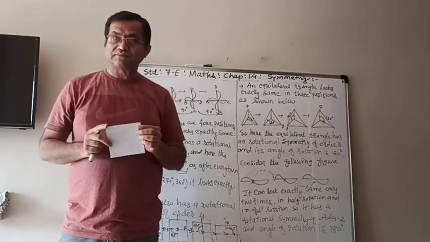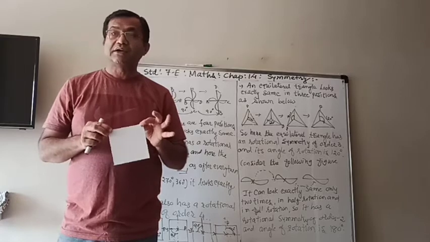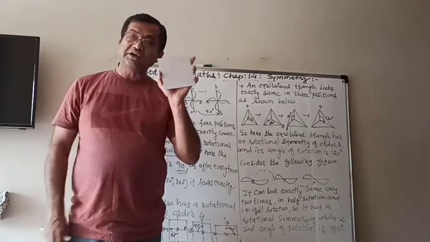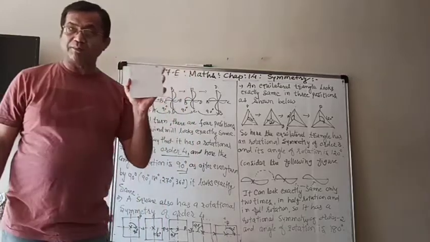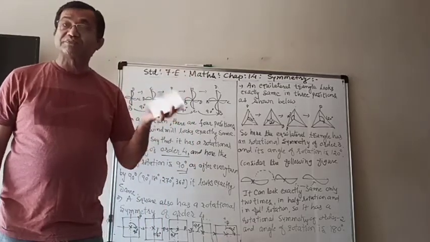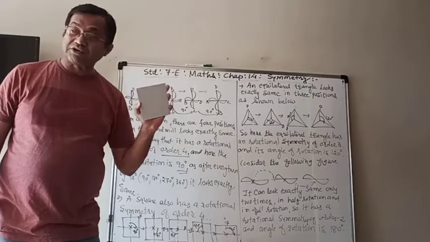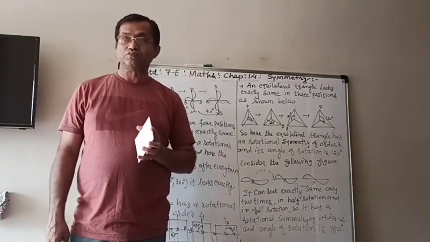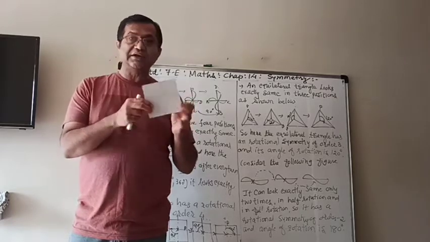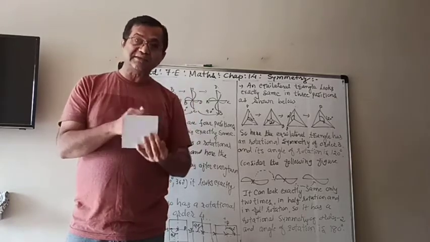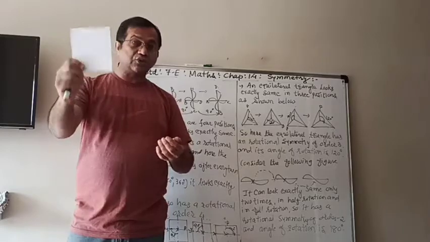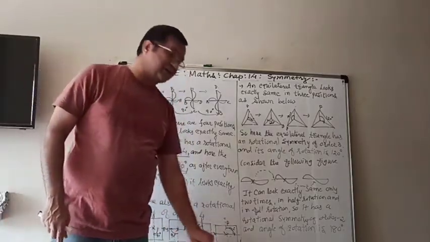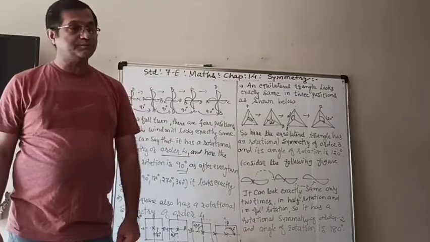So 4 times it looks the same in a full complete rotation. So what is the order of symmetry for this square? Obviously also rotational symmetry of order 4. And every 90 degrees it looks exactly the same. Therefore, a square also has a rotational symmetry of order 4.